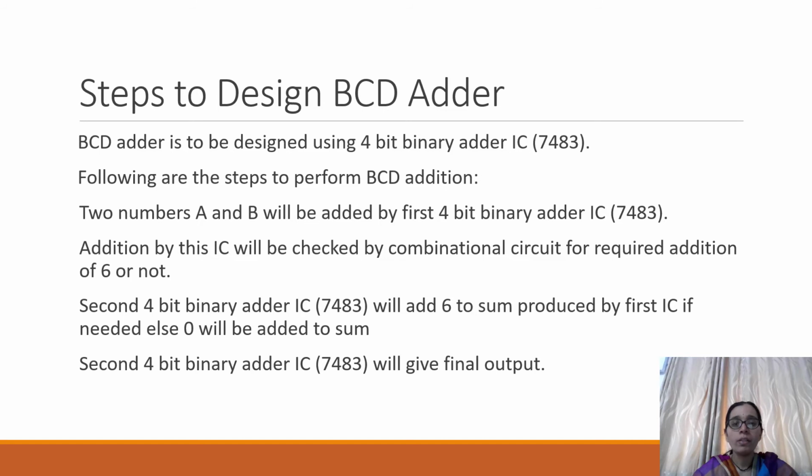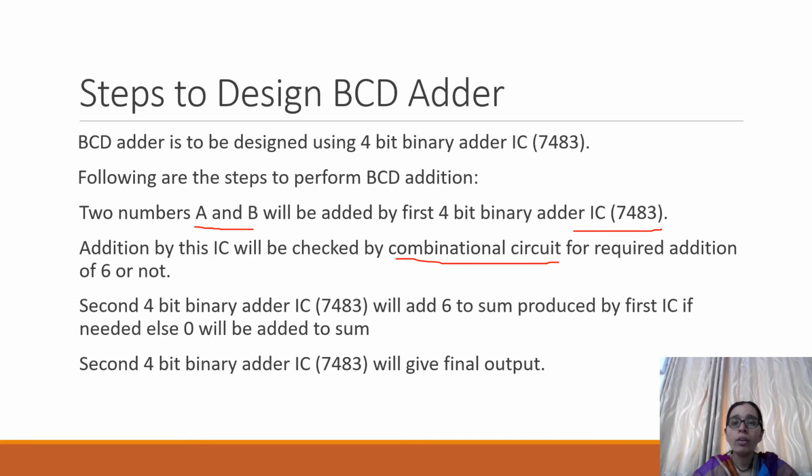So first step is the two numbers will be added by using first 7483 IC. Then this addition of this binary adder will be checked by combinational circuit. Why?